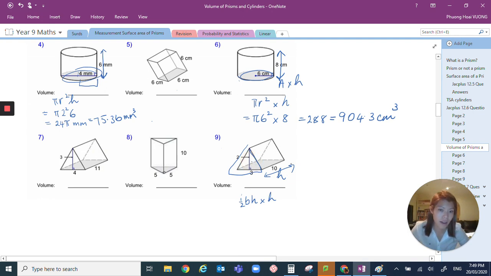Okay, I know it's lying down, now we're saying there's 2 heights, and it's a little bit unconventional, the wording, but as long as you understand which h we're talking about. So we have half times 3 times the height of the triangle, 2. And now we're looking at the prism, how long it is, 10. So cancel and cancel, we have 30.